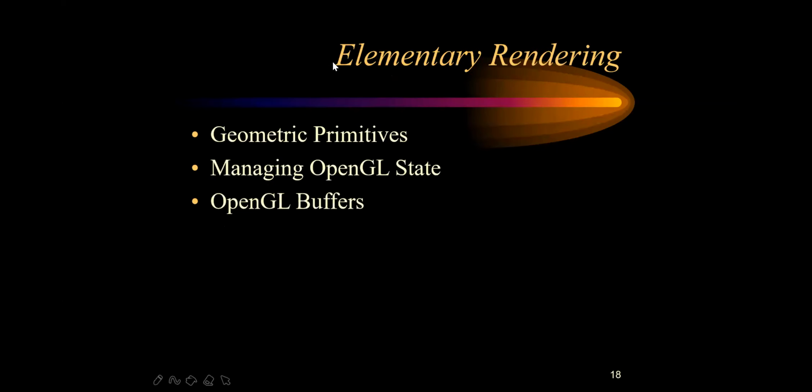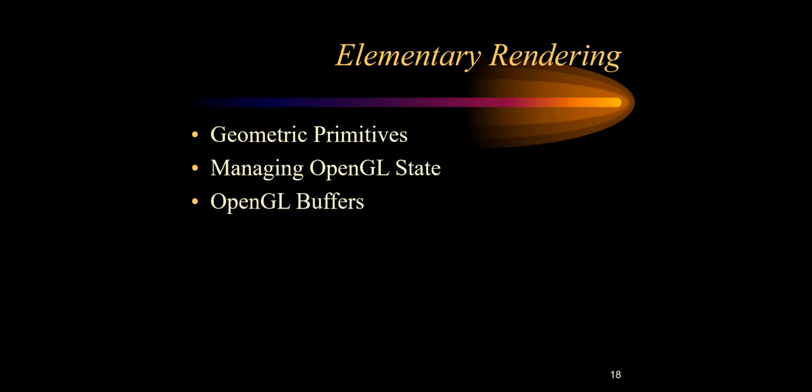There is one more thing known as elementary rendering. Inside elementary rendering, you will have these three things: geometric primitives, managing OpenGL state, and OpenGL buffers. If you want to move or render any object, you should have the geometric primitives first, like what kind of object you want to draw.